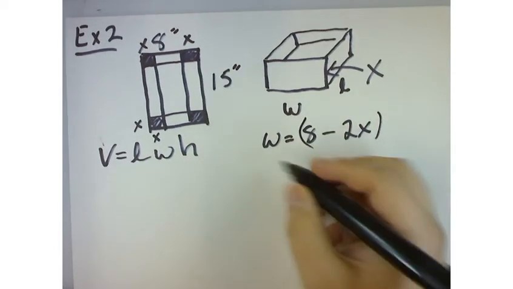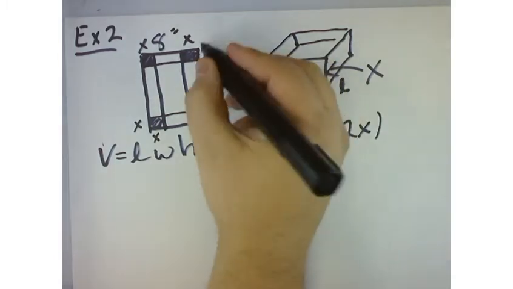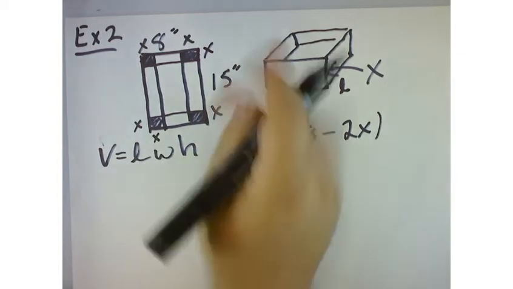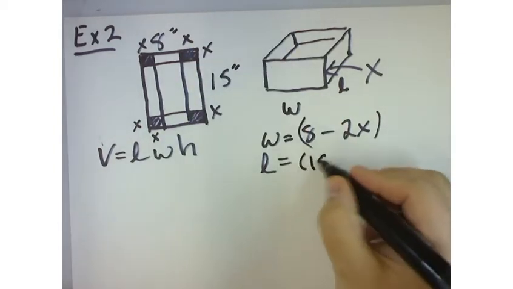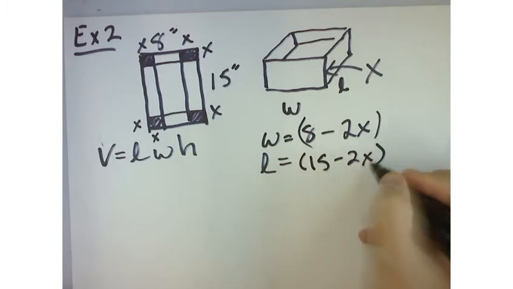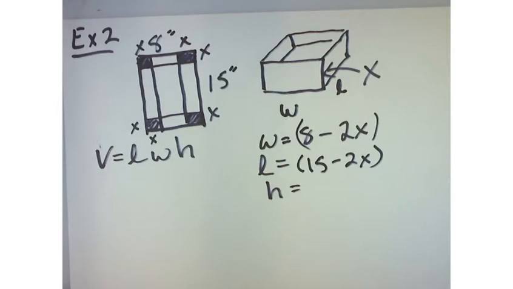Now, what is the length of the box? Well, it's 15 from here to here, but I'm subtracting what from it? 2x. And then what is the height of the box? x.